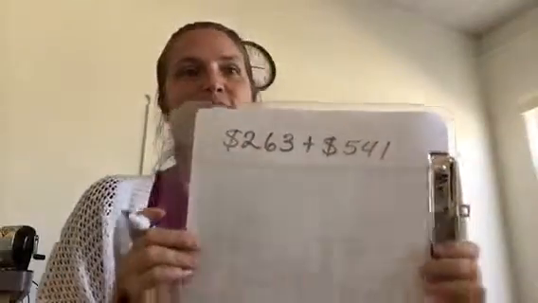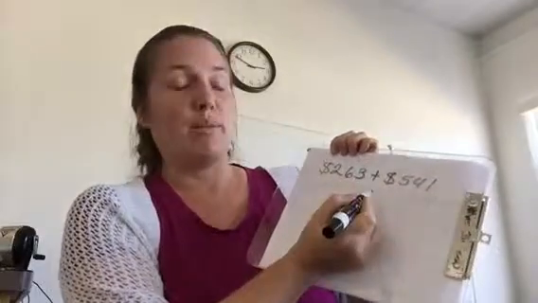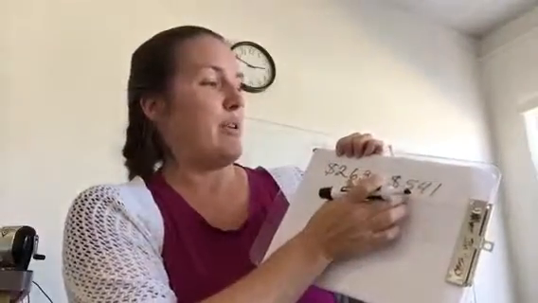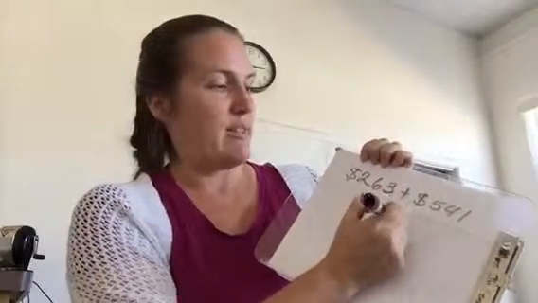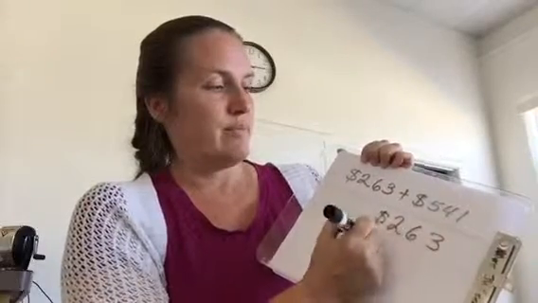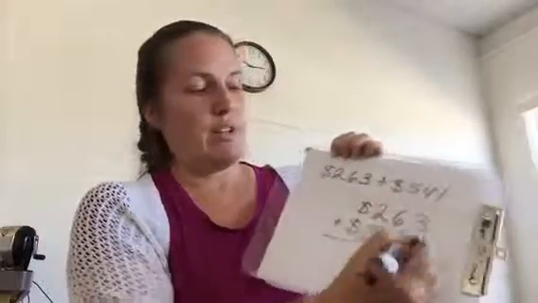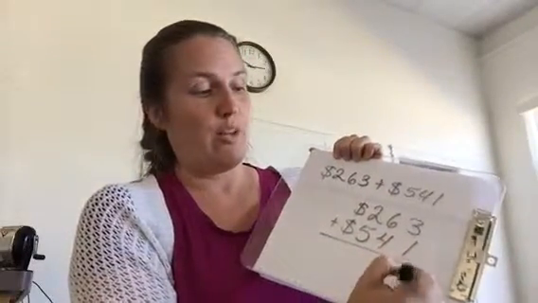All right. When you add them, you need to line them up so that you have the $1 bills lined up with the $1 bills, and the $10 bills with the $10 bills, and the $100 bills with the $100 bills. That would look like this. It's easiest to see if you line them up vertically. So here the $1 bills are lined up together, I have 3 ones plus another one makes 4 $1 bills.